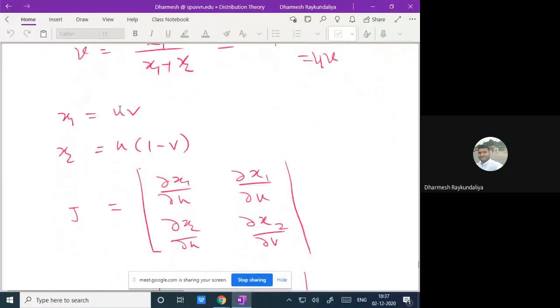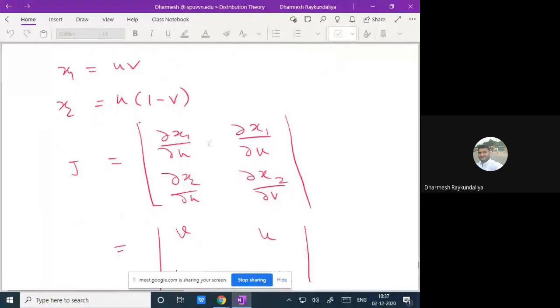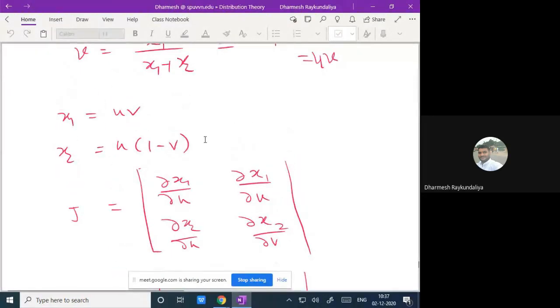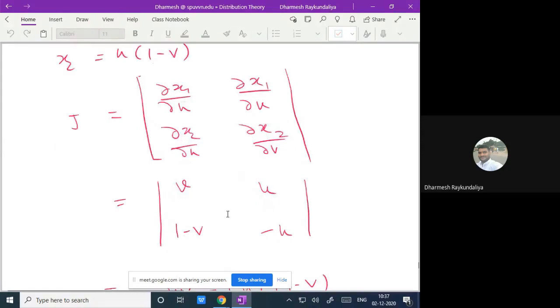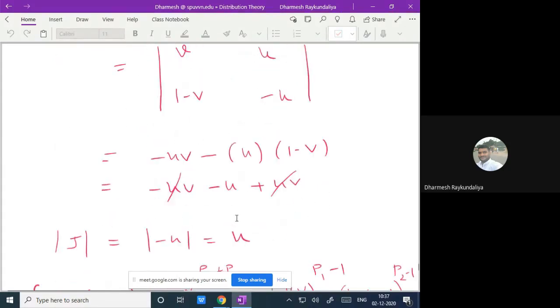Of course, we have to find the Jacobian of two variables, where x1 is uv and x2 is u into 1 minus v. So this is the Jacobian of x1, x2 with respect to u, v. We obtain this, and finally it is minus u, and the absolute value of J is u.